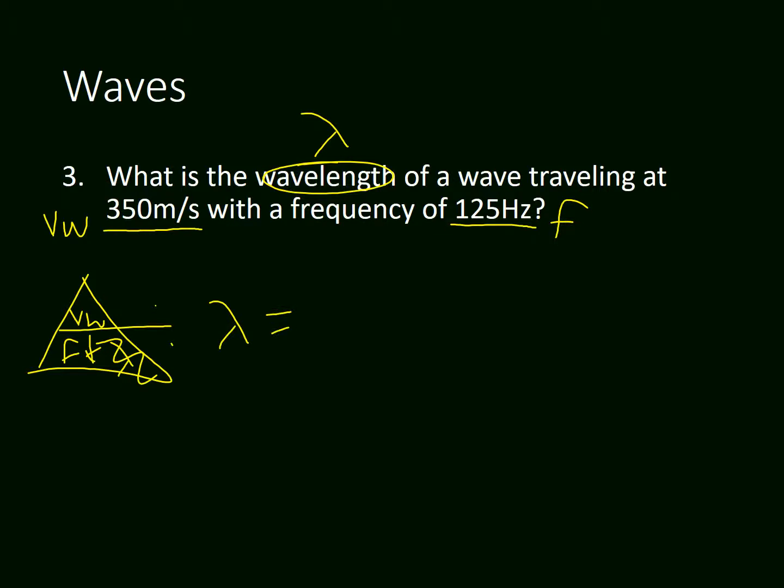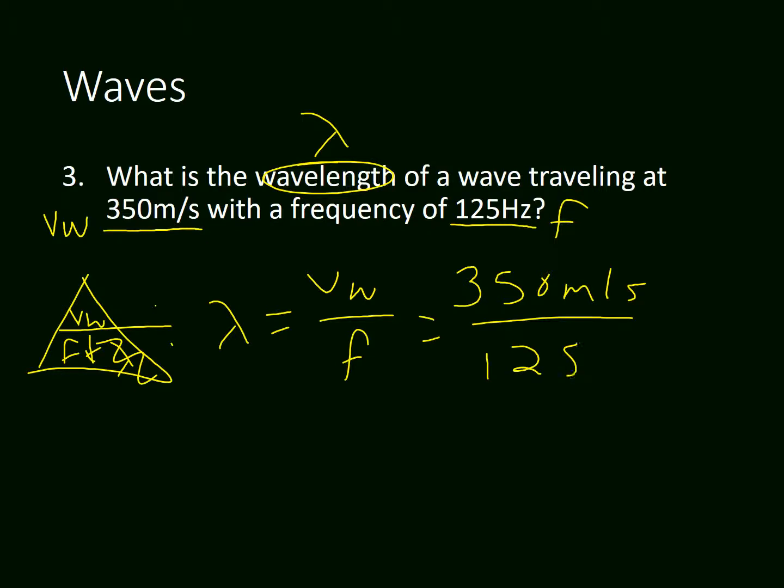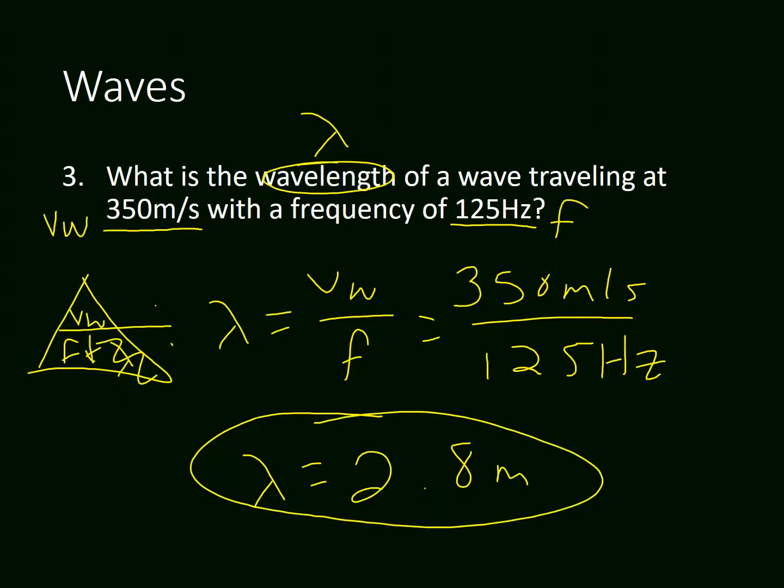So wavelength is velocity over frequency. That's going to be 350 meters per second over 125 hertz. So 350 divided by 125 gives us a wavelength of 2.8 meters. 2.8 meters for the wavelength of this wave.